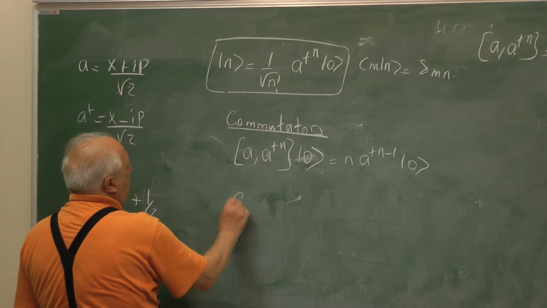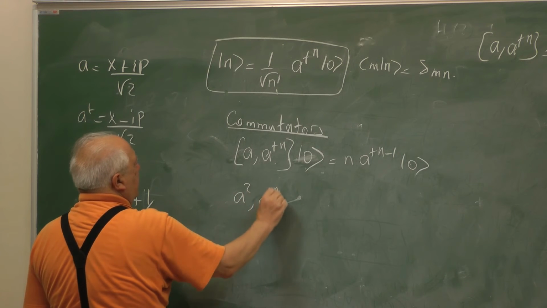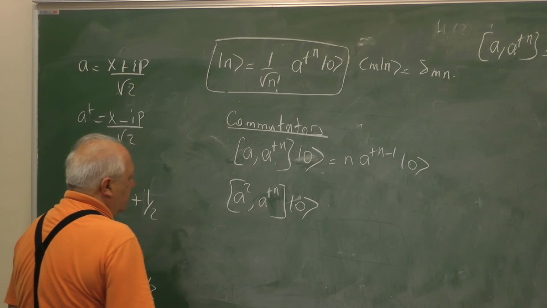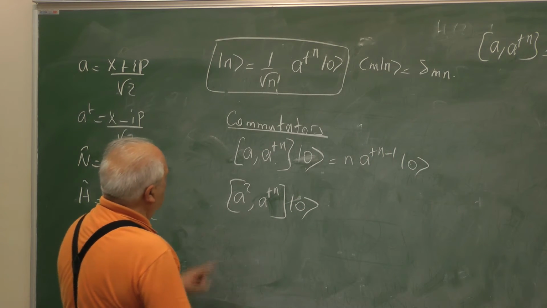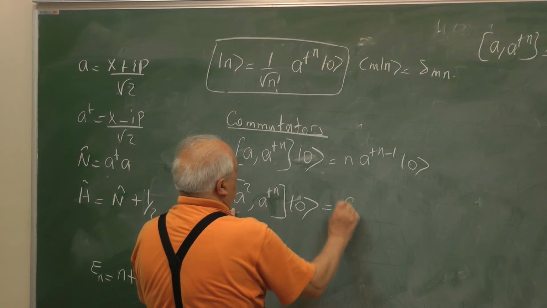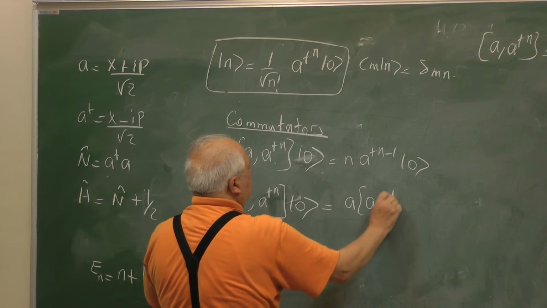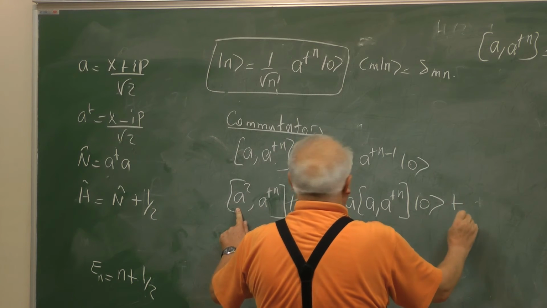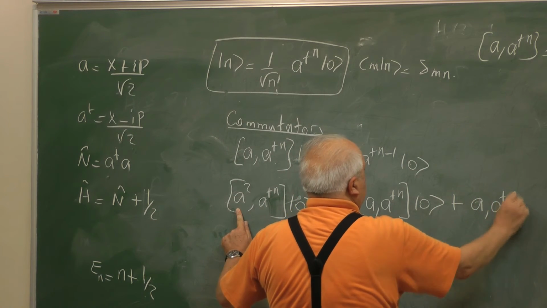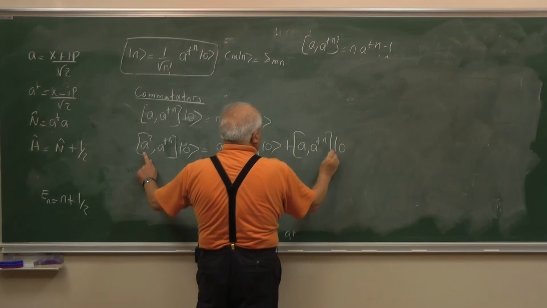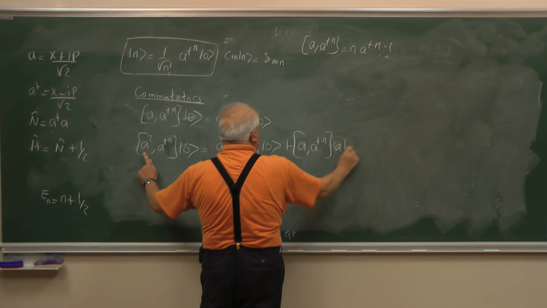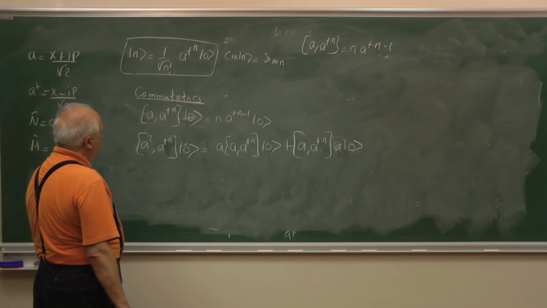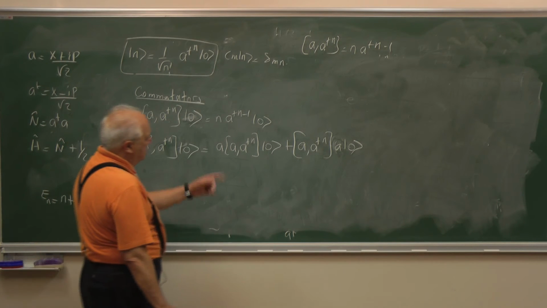Now I will use a square a dagger n acting on 0. So this is equal to a dagger n, 0, plus a dagger n times a here, 0. So this one is 0.